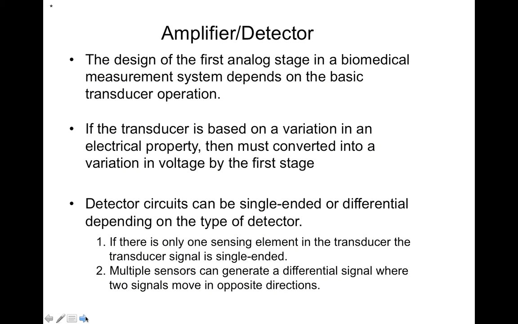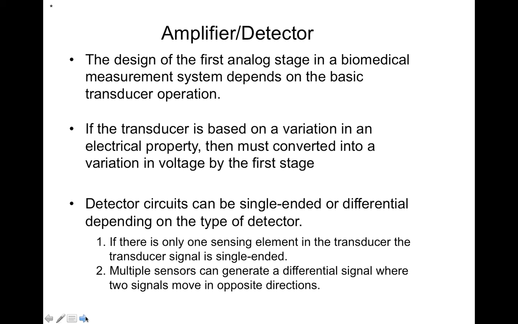The next step in the measurement system is the amplifier and detector. So the first stage and the design of this analog stage depends on the transducer operation. So if the transducer is based on a variation in an electrical property, then first you have to convert that variation into a voltage.